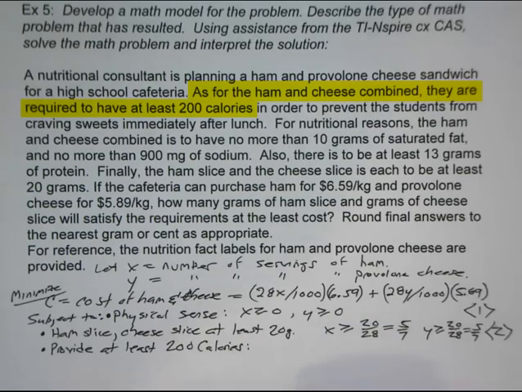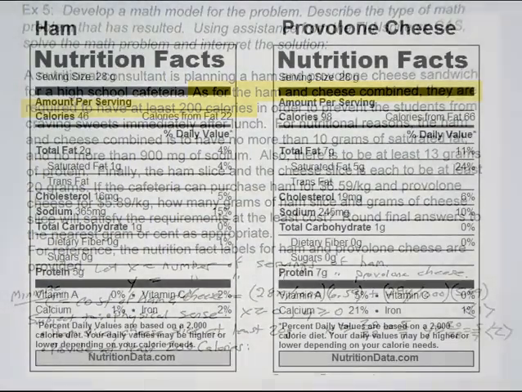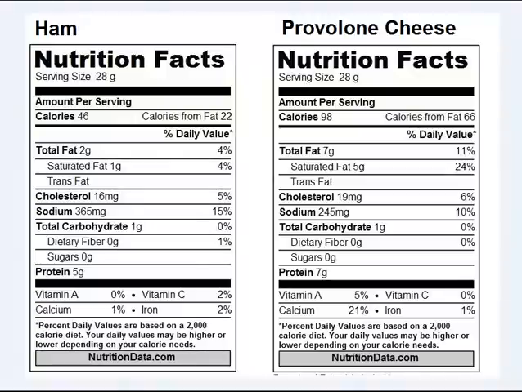Alright, here's where we need to go back to the nutritional fact labels. As for calories on the ham, a single serving is 46 calories. And so what will that mean when you have X servings? 46X is the number of calories coming from your ham. And looking now at the provolone cheese nutrition fact, it looks like there are 98 calories in a single serving.